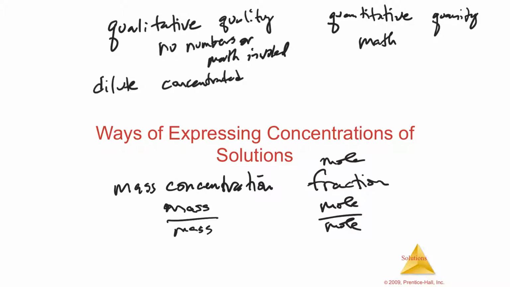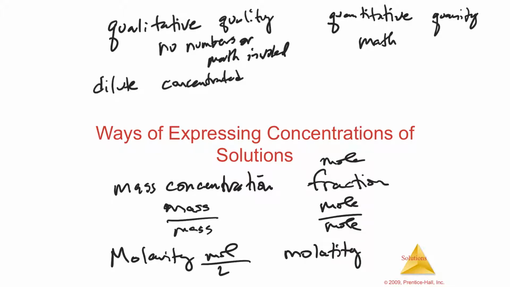The third one we're going to look at is molarity, which we've seen before, which is moles over liters, moles of solute divided by liters of solution. And then the new one that we've never seen before is called molality.